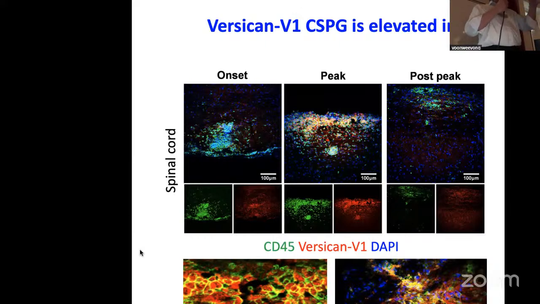You also have some change to Aggrecan, some change to Brevican, but mostly it's Versican V1 that accumulates in lesions of MS and its models. You see this example here: this is a spinal cord longitudinal section from an animal at peak EAE severity, looking at where this area has a lot of immune cells, CD45 positive, and in this area, prominent Versican V1 deposition.